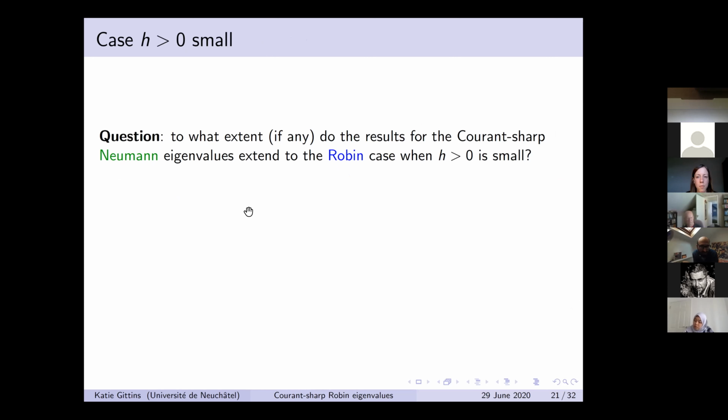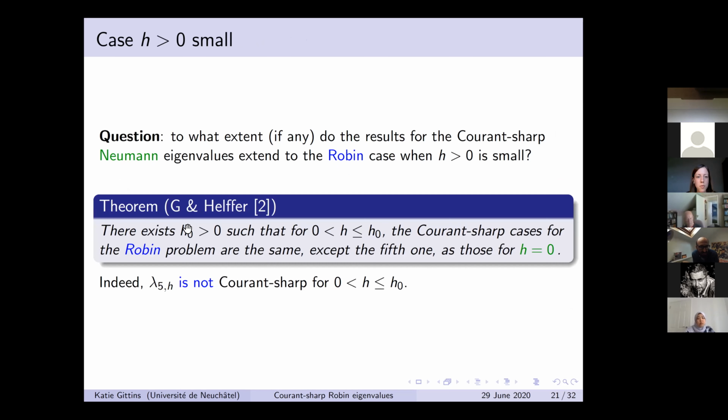The result that we have is the following. In the small h regime, there is some h0, so that for h smaller than that h0, the Courant-sharp cases for the Robin problem are the same as the Neumann, except for the 5th one. So the 1st, 2nd, 4th, and 9th are Courant-sharp, but the 5th one isn't for small h.